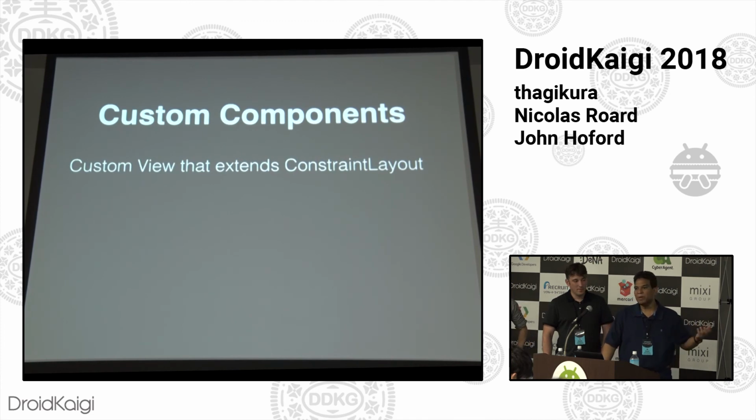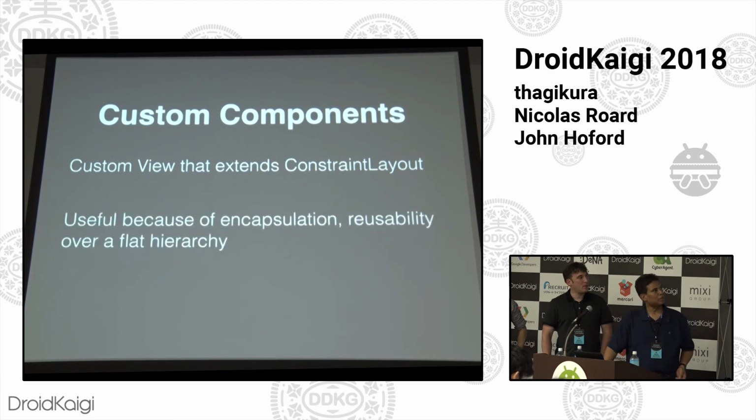You can do it by just extending ConstraintLayout. Obviously, by doing that, you've encapsulated the behavior within that, but you're using ConstraintLayout, so you get all the benefits of the GUI builder and all that stuff.